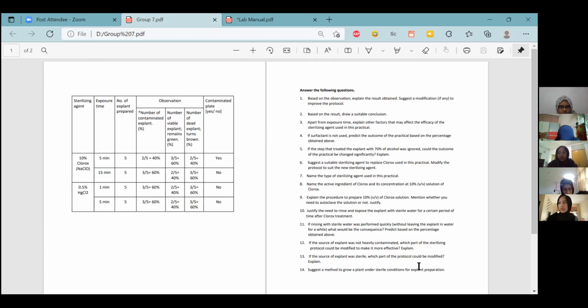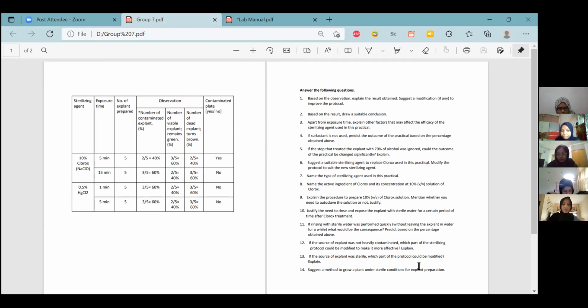For question number 12, 13, and 14, I will discuss them. Number 12: if the source of explant was not heavily contaminated, which part of the sterilizing protocol could be modified to make it more effective? There is a surface sterilization step with ethanol in the practical lab manual.